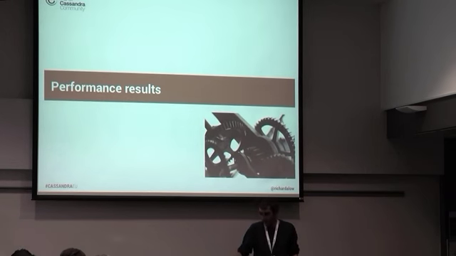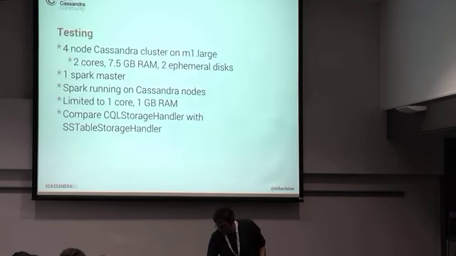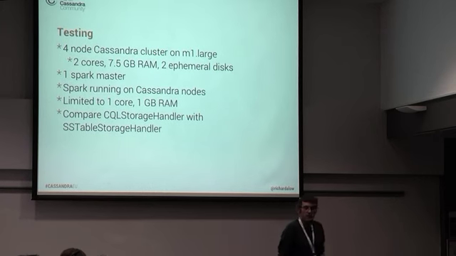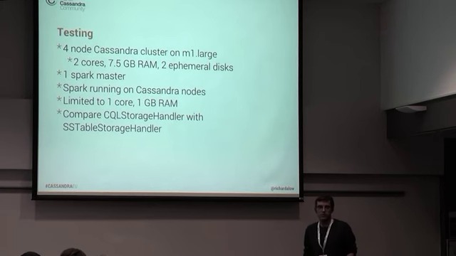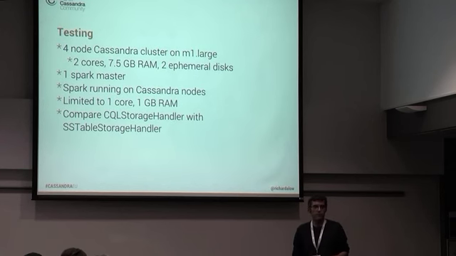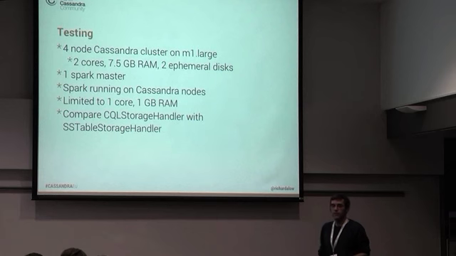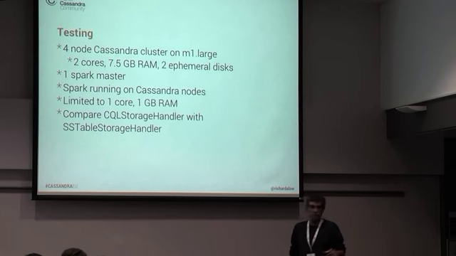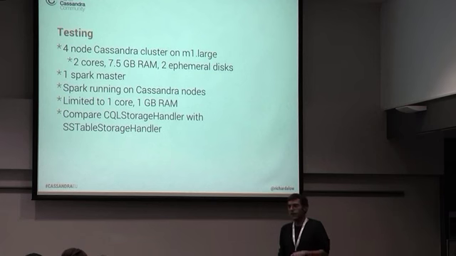So let's have a look at some performance results to see if it actually works. I set up a 4-node Cassandra cluster on EC2 using M1 large instances. These have 2 virtual cores, 7.5 gigs memory, and 2 ephemeral disks. I was using the local storage on them. You need 1 Spark master. That's a little bit like the job tracker in Hadoop, if you're familiar with Hadoop.